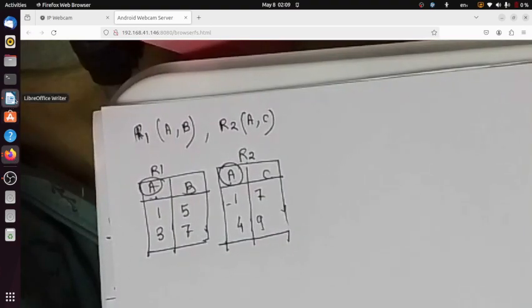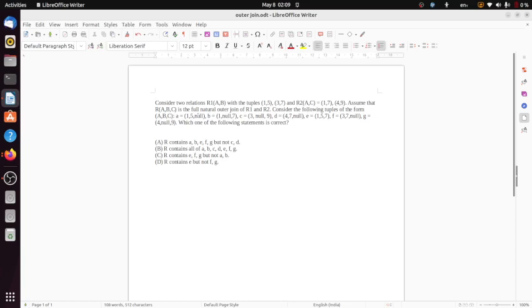Now what is the question asked? Assume that R(A, B, C) is the full natural outer join of R1 and R2. So R will be another relation containing the attributes or columns A, B, C, which is found by doing the natural outer join operation between R1 and R2. This is the symbol for the natural outer join, or full outer join, between the two relations R1 and R2.